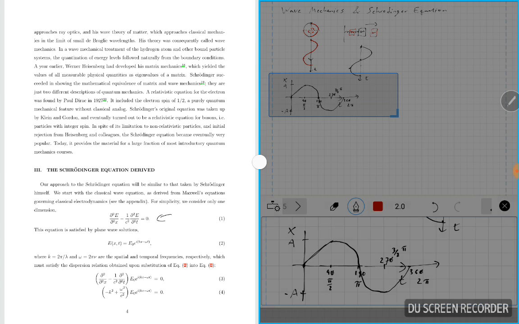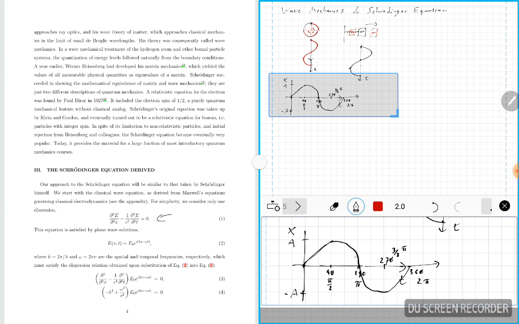If I take the derivative of any position versus time graph like this, I get a very steep derivative here, and it's positive, so it will have a maximum value. The derivative at this point here, at the peak, is 0 at 90 degrees.